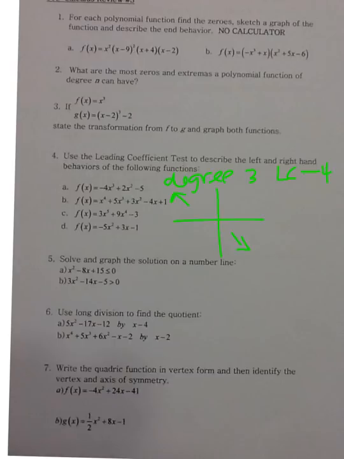As x goes to negative infinity, f of x goes to infinity. And as x goes to infinity, f of x goes to negative infinity. Okay, so let's take a look at b.